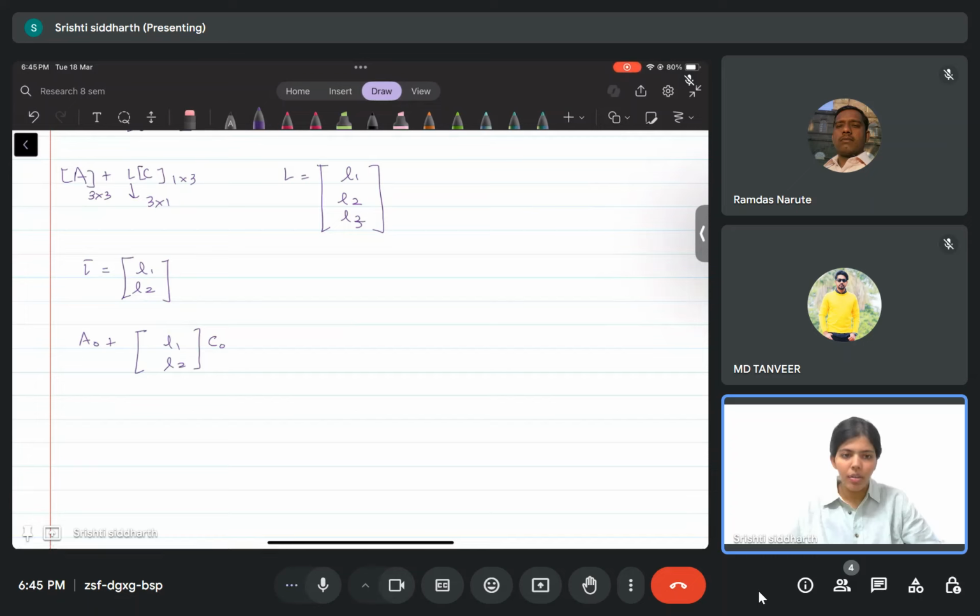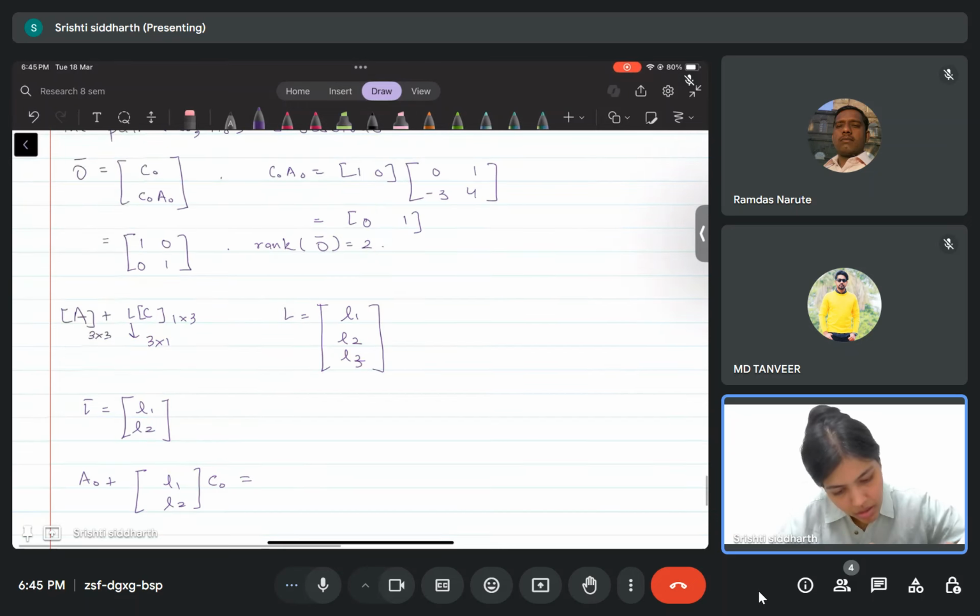Since the pair C0, A0 is observable, we can design this matrix such that the matrix A0 plus L bar C0 is Hurwitz. So what is this?